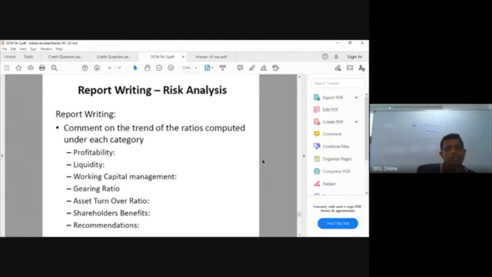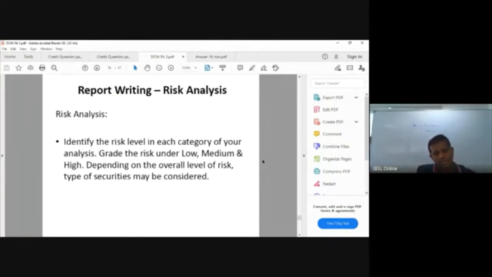And finally, the recommendation. Then the next part is to give a risk analysis, right? After you calculate all these ratios, give a risk analysis identified under each category. If you take profitability ratios, whether it is low risk or high risk. If all the profitability ratios are good, then you can say the risk is lower.